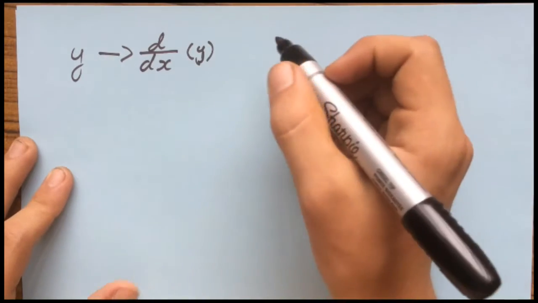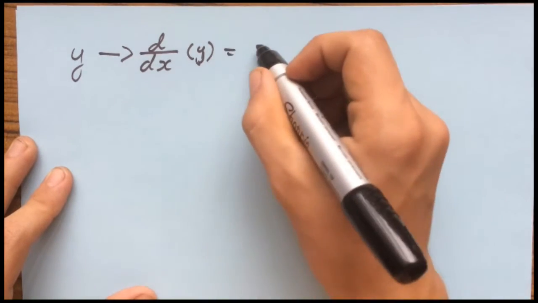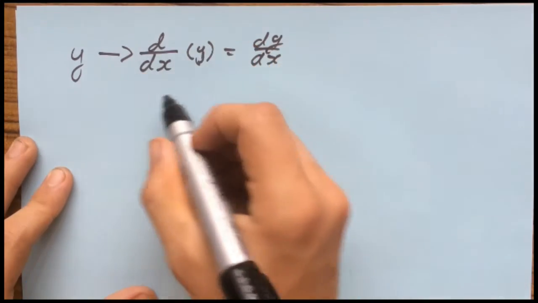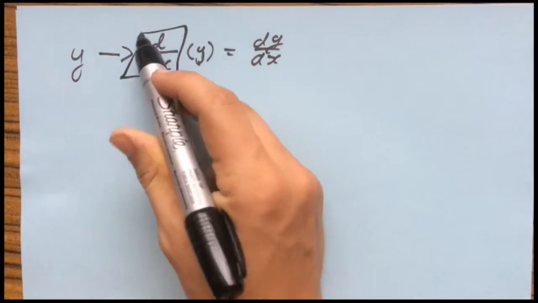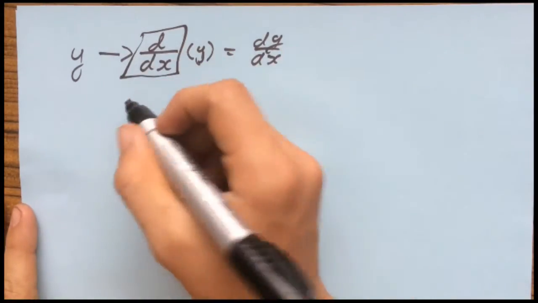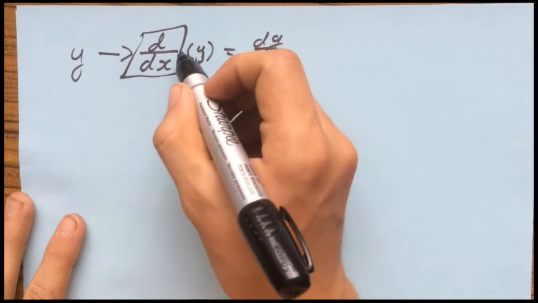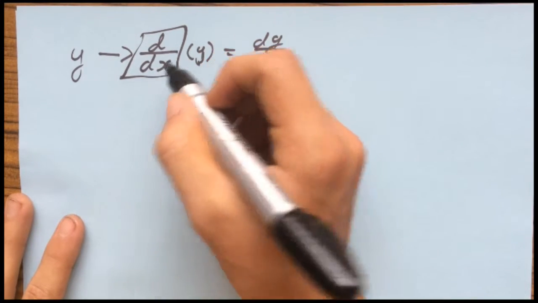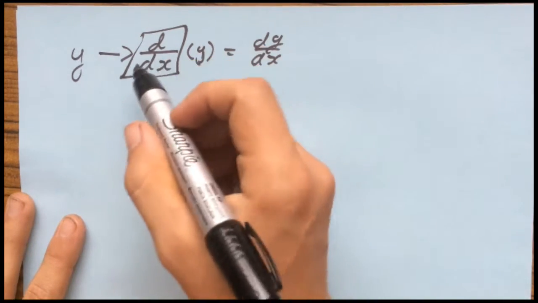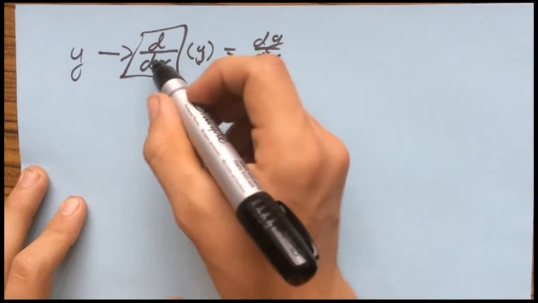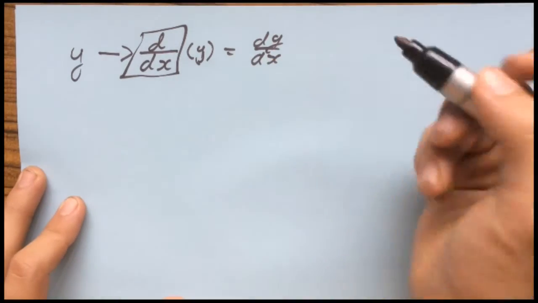The differential operator just equals dy over dx. It's just saying that you're deriving the function with respect to x.